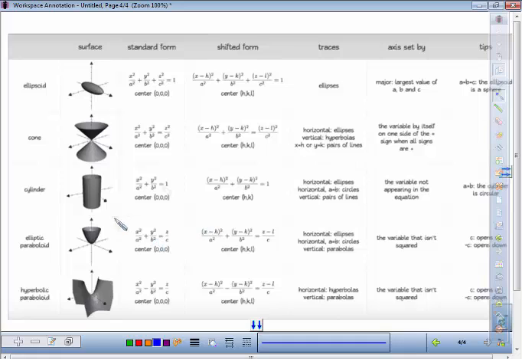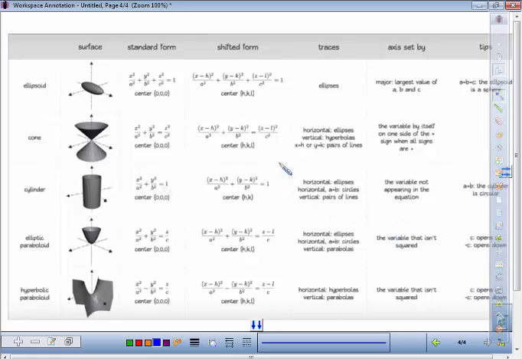It'll just change the shape a little bit. And if you switch the variables z and x, then it'll be a sideways hyperboloid or paraboloid or whatever else you're looking at. So you can make sideways cones as well by doing these things.